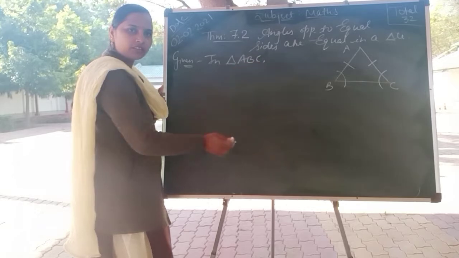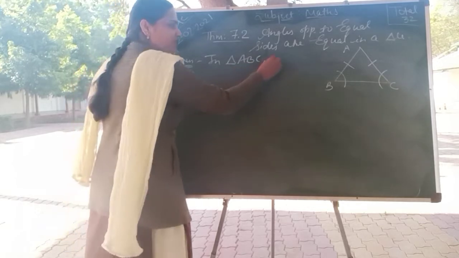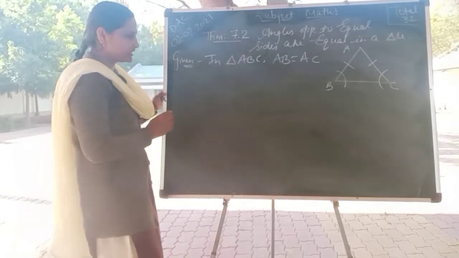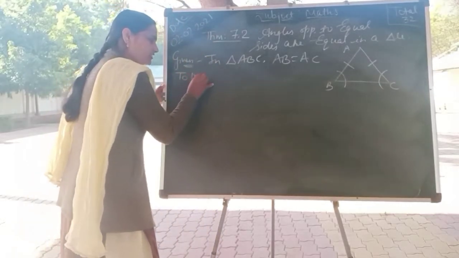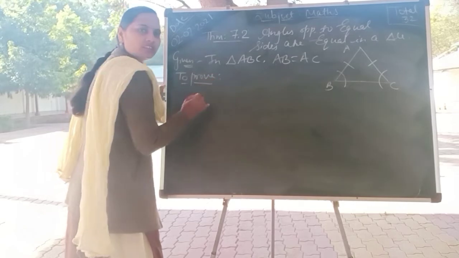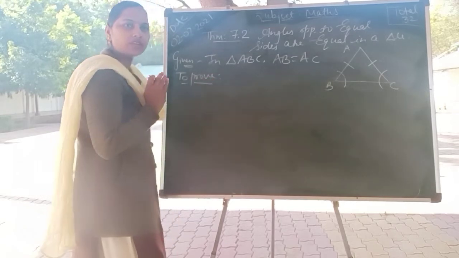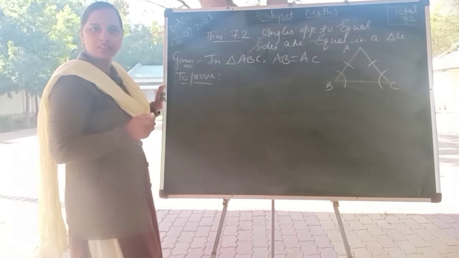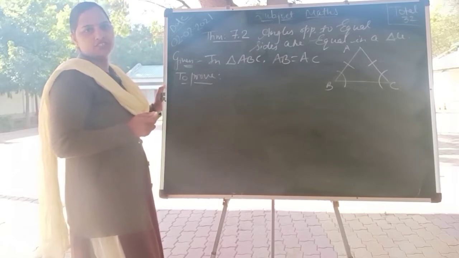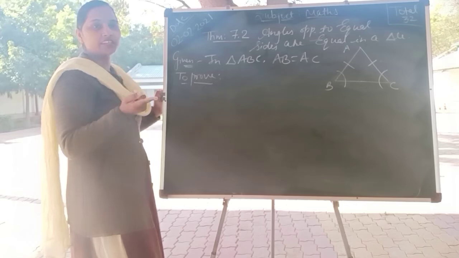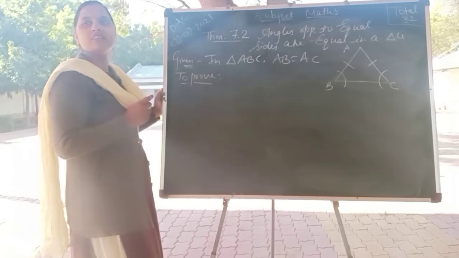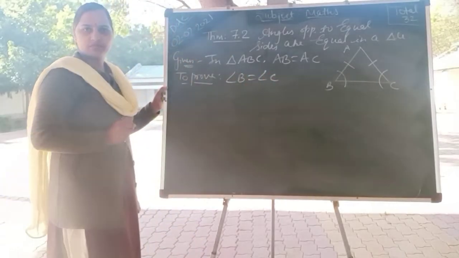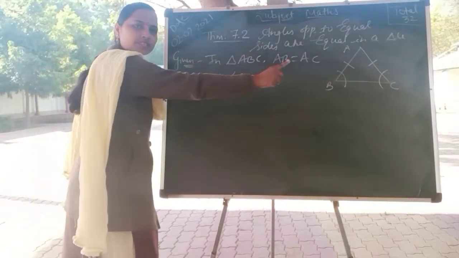AB equals AC. What to prove? If in the triangle AB equals AC, then what can I say by this theorem? Angle B equals angle C. This is given, this is to prove, this is the figure.